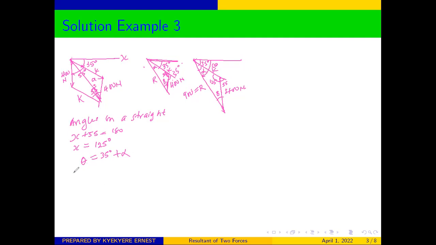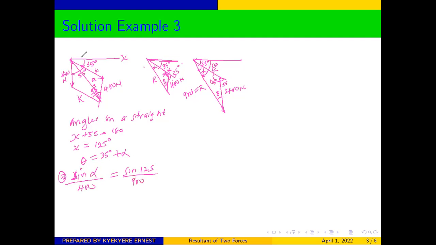So from here, we can say that sine alpha over the opposite side, which in this case is 400, will be equal to sine 125 over 900.